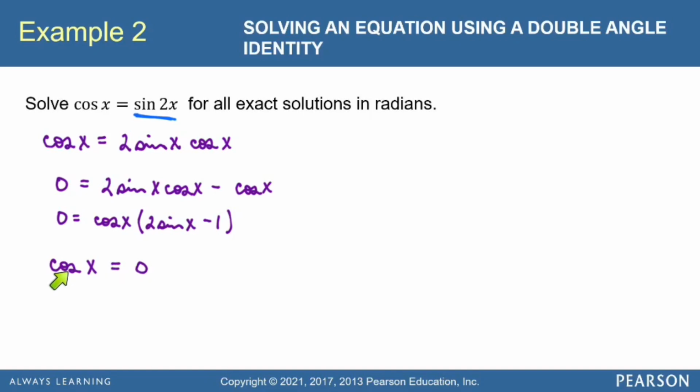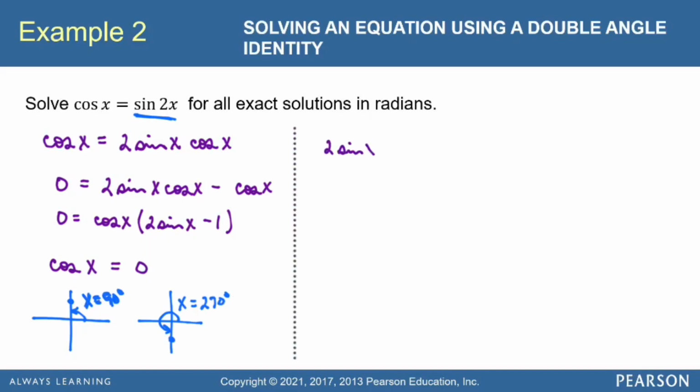To find these solutions, we want to think about where on the unit circle would the horizontal coordinate equal 0. And that would be at 90 degrees and also at 270 degrees. Now for the other factor, when 2 sine x minus 1 equals 0, if we isolate the sine of x, we'll see that we need to find where sine of x equals 1/2.